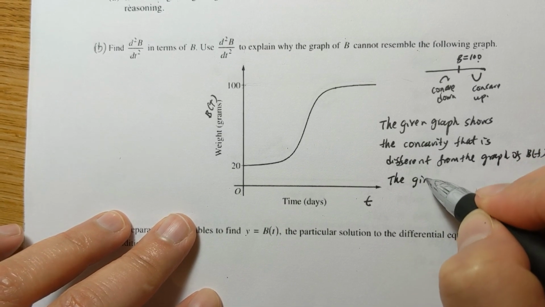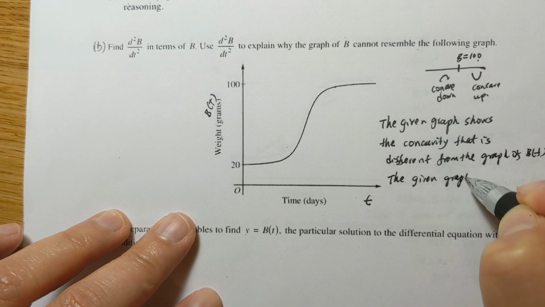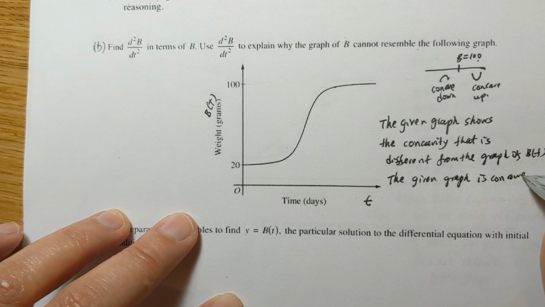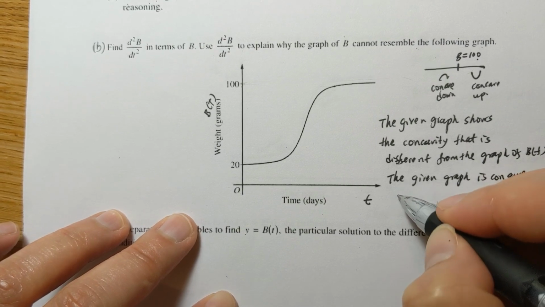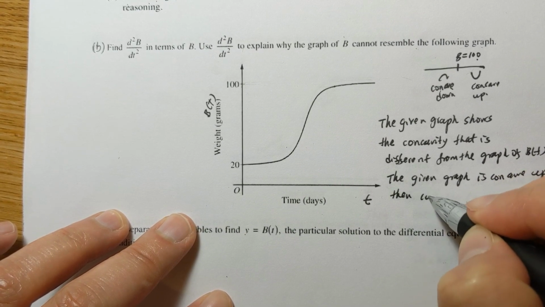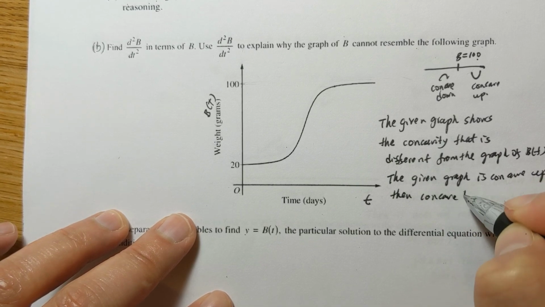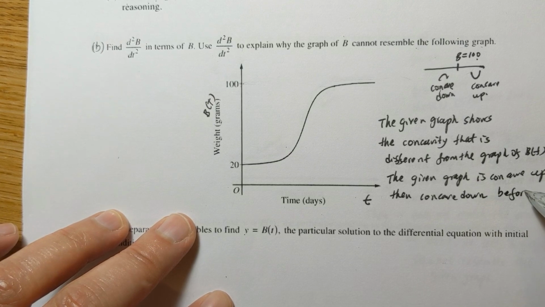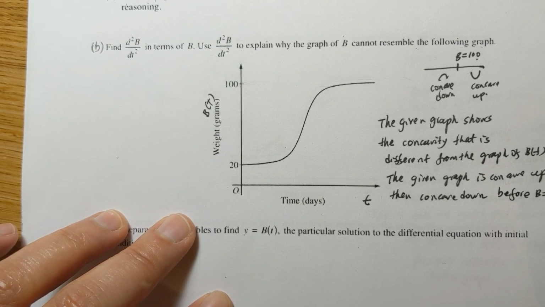The given graph is concave up, then concave down before b equal to 100.